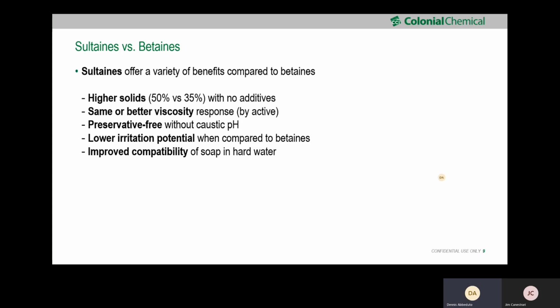The carboxylate group of the betaine is more prone to precipitation when combined with calcium, and we see much less of that with the sulfonate anionic portion of the sultaine chemistry. Sultaines also help disperse those lime soaps, as they're called, or the fatty acid calcium soaps.